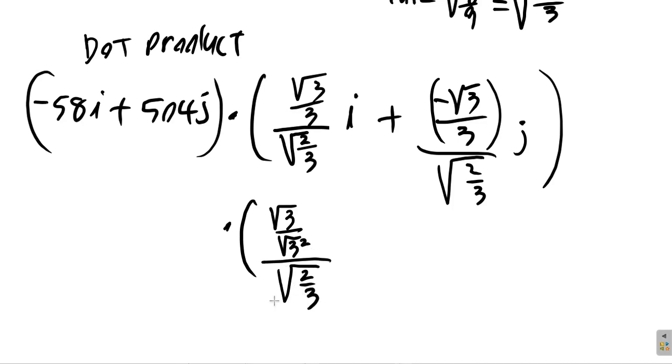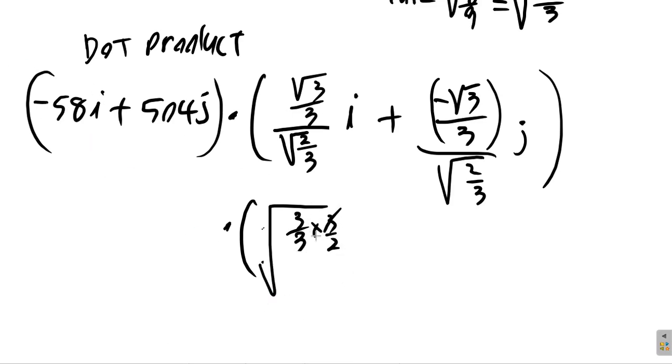So you could have one big square root here of 3 over 9 over 2 over 3. So you could say the square root of 3 over 9 divided by 2 over 3, and this would be 3 over 2. So it's square root of 3 over 2, right?